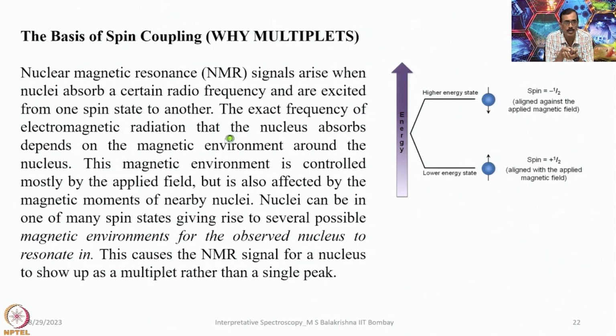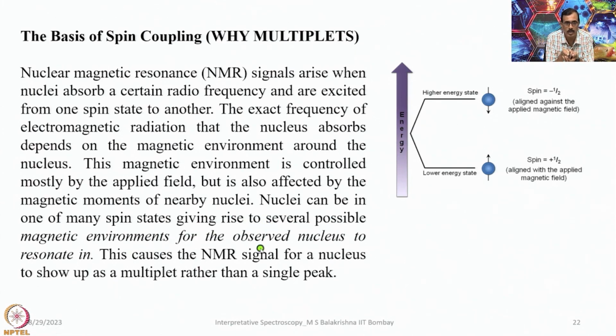The exact frequency of electromagnetic radiation that the nucleus absorbs depends on the magnetic environment around the nucleus. So whether a given nucleus is shielded or de-shielded should also be considered. This magnetic environment is controlled mostly by the applied field, but is also affected by the magnetic moments of nearby nuclei. Nuclei can be in one of many spin states, giving rise to several possible magnetic environments for the observed nucleus to resonate in.